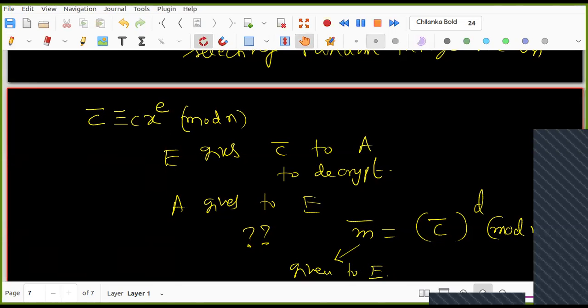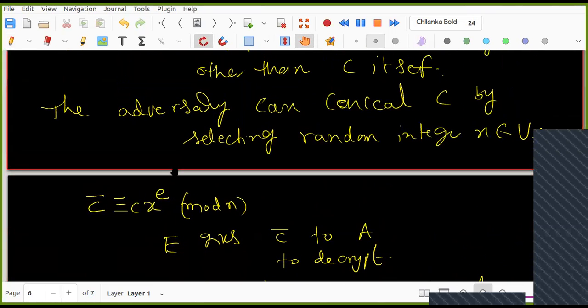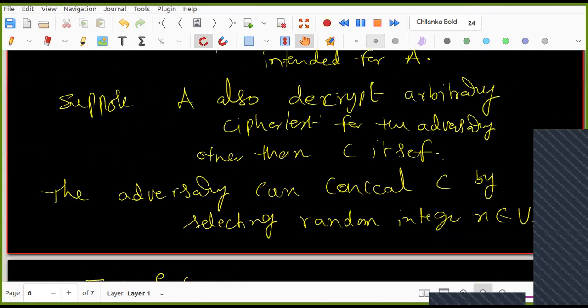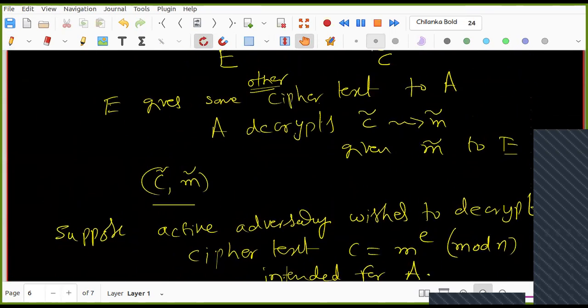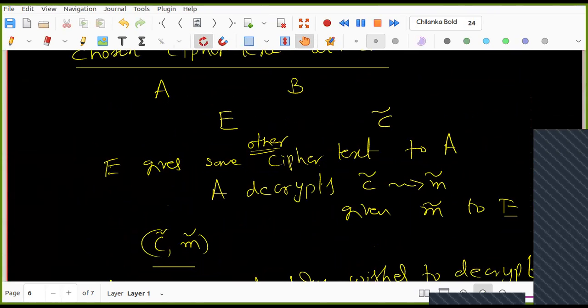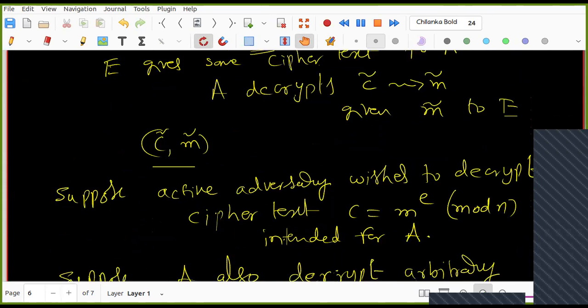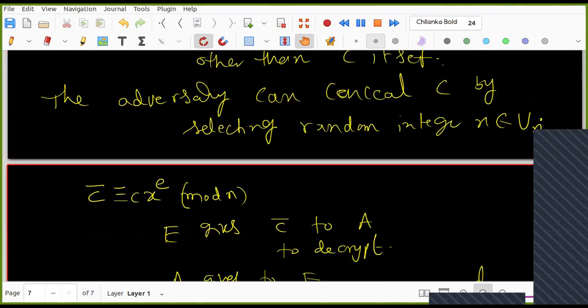So he chooses the ciphertext very nicely. How does he choose it? They are communicating, and he waited for some time. Whenever they started communicating, he took that C first, and he took an arbitrary X belonging to Un, which has a multiplicative inverse.